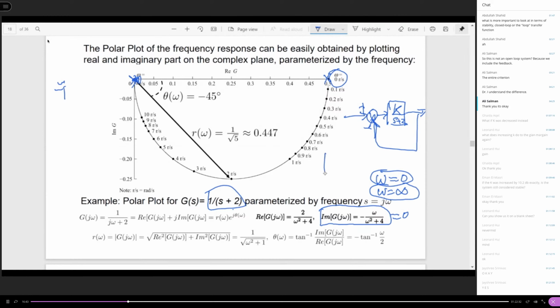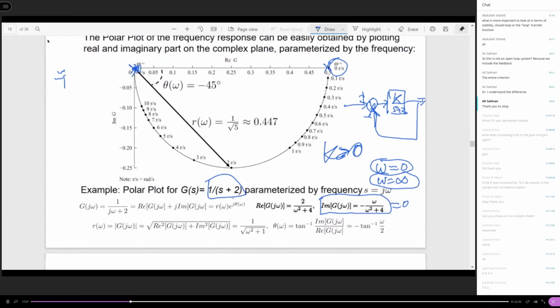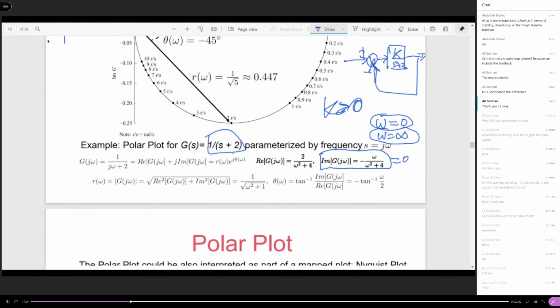As long as k is larger than 0, you keep increasing k, and this closed loop system is always stable. So you can increase k to infinity. That's why the gain margin for this system is infinity. So this is just a simple example.